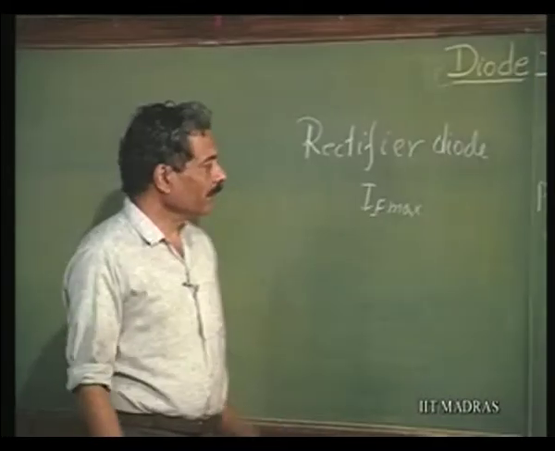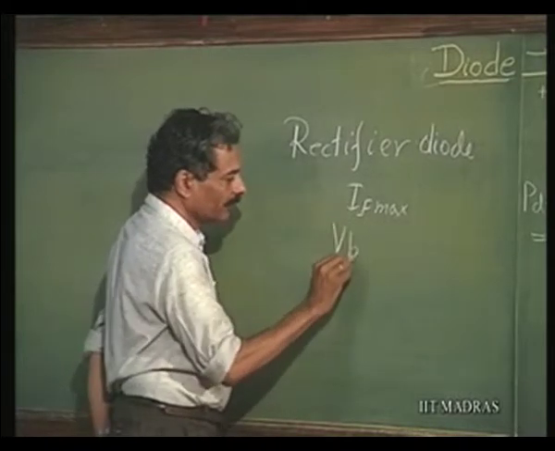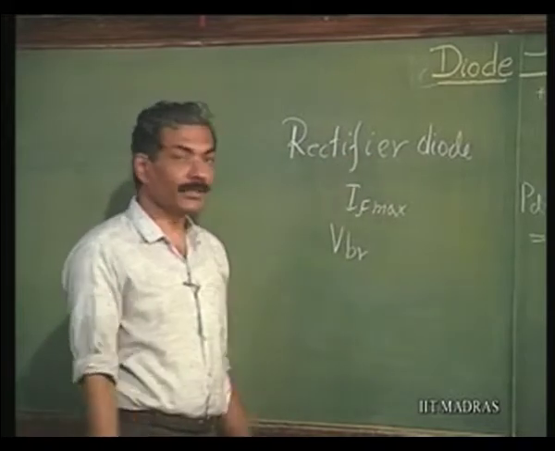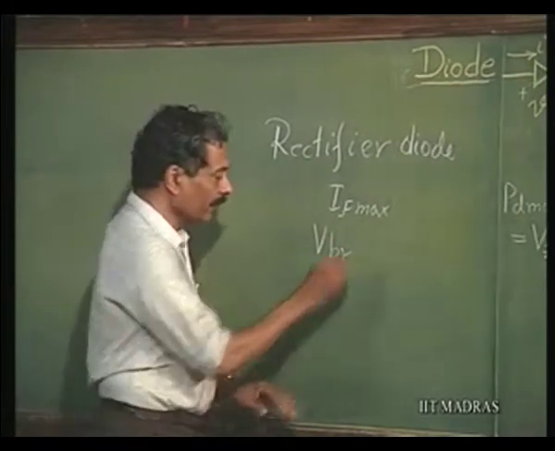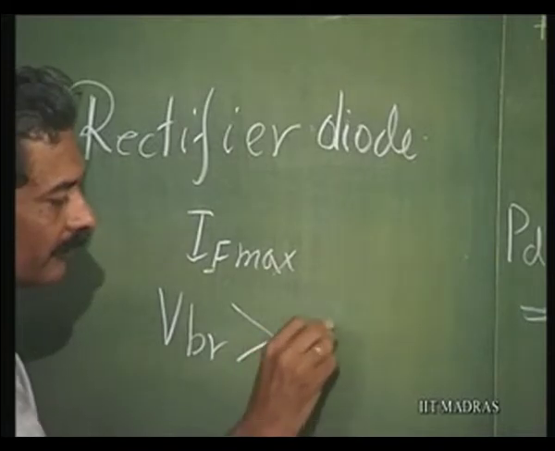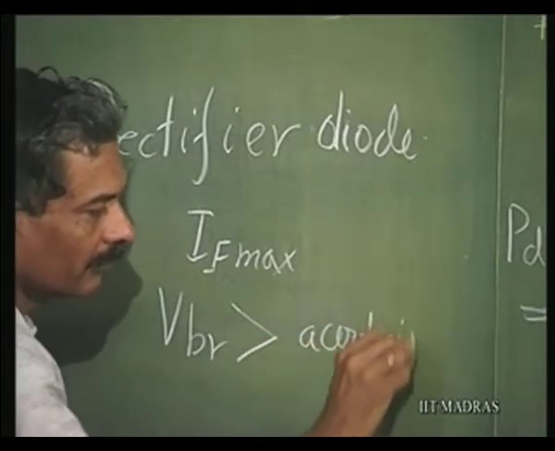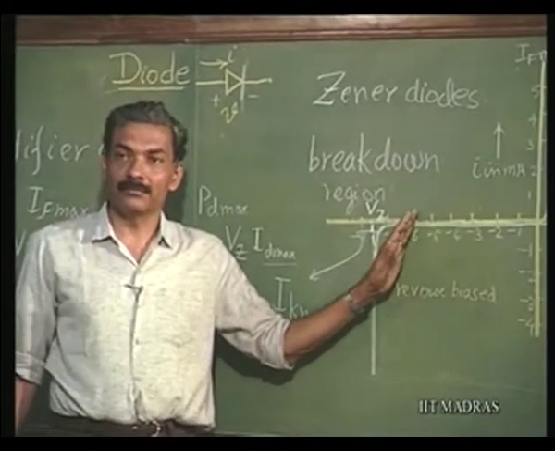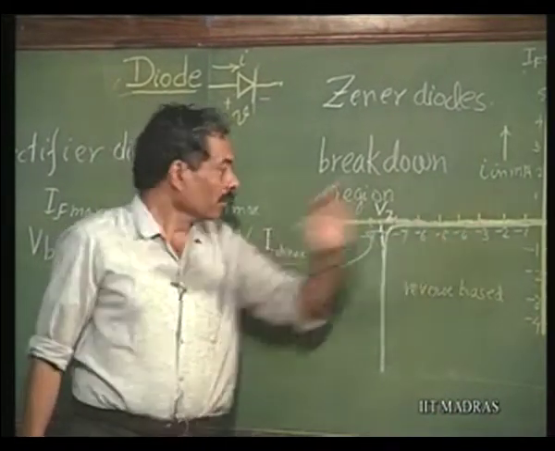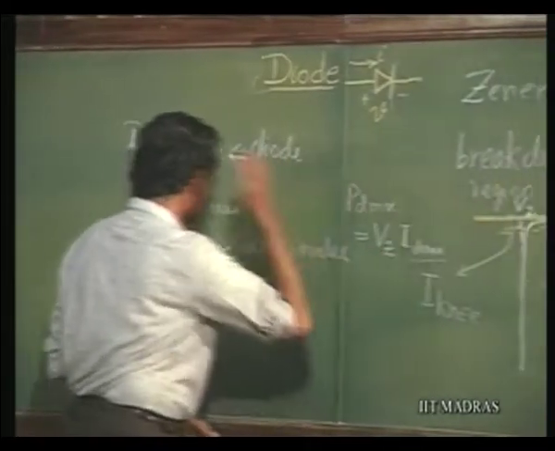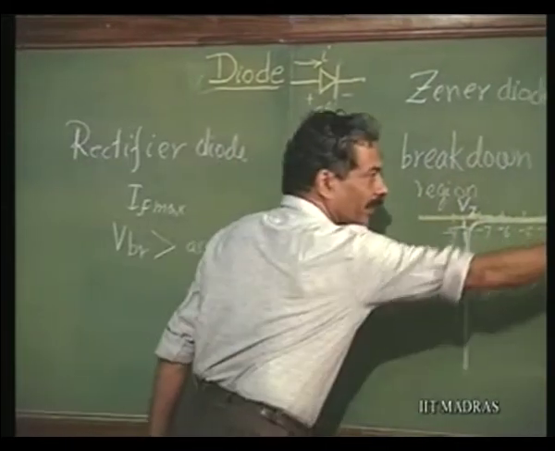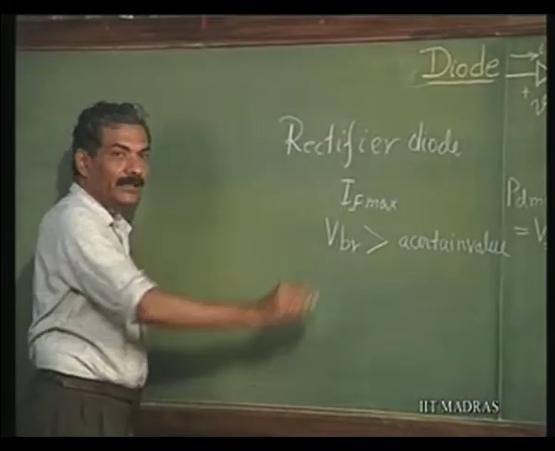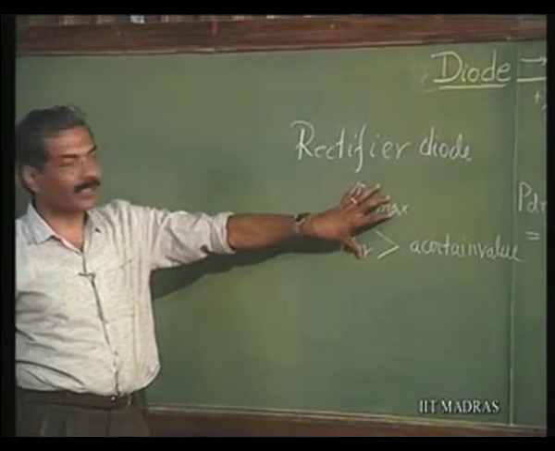Then the breakdown voltage, here we do not put it as Vz. For a rectifier diode, breakdown voltage should be greater than a certain value, so that when it is reverse biased it does not break down. So, it should be as high as possible, so that in the region where you are operating it, it does not break down. So, these are the two important specifications for a rectifier diode.